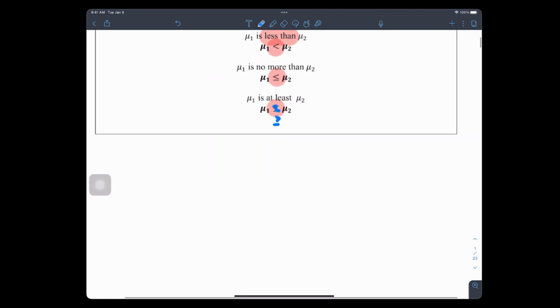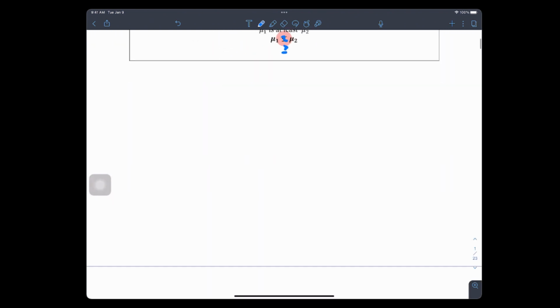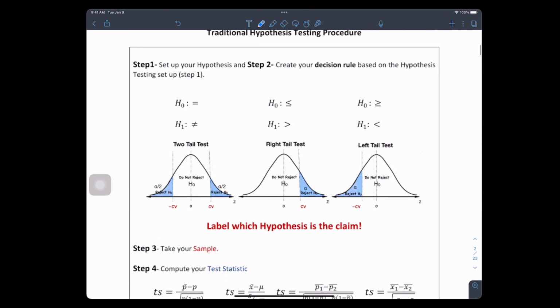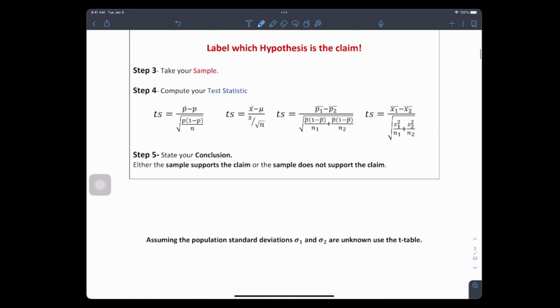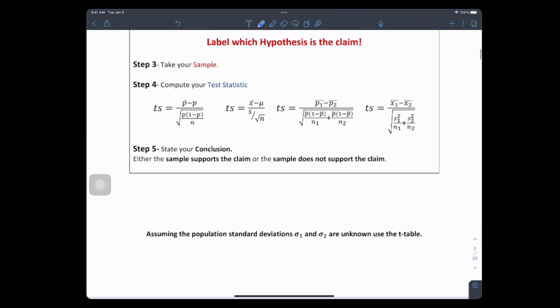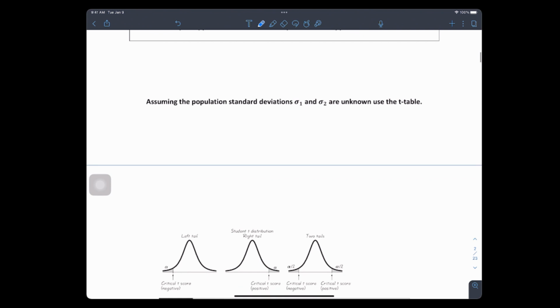Now, what I want to remark to you guys is this. Again, it's the same exact format, the same thing. But yes, your test statistics are here, what you guys see. And yes, technically, we're assuming the population standard deviations are unknown.